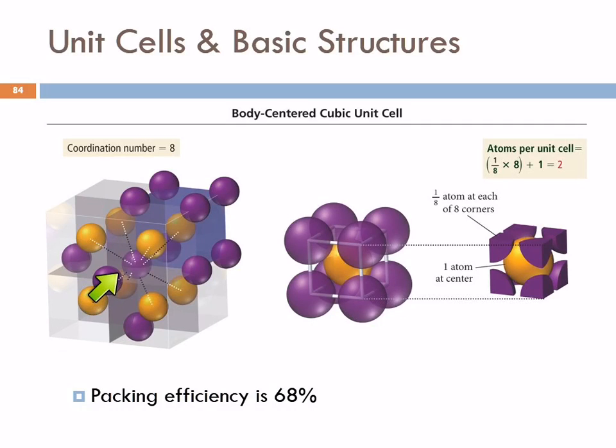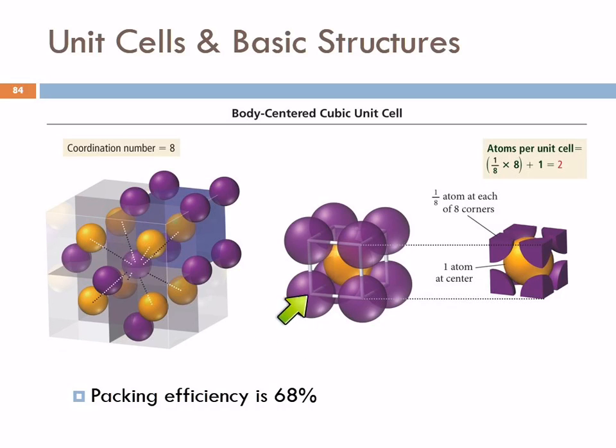To find the coordination number, we have to look at a bunch of different cells together. And here we're looking again at this one on the corner to see how many atoms are touching it directly. And so it's going to be 8.